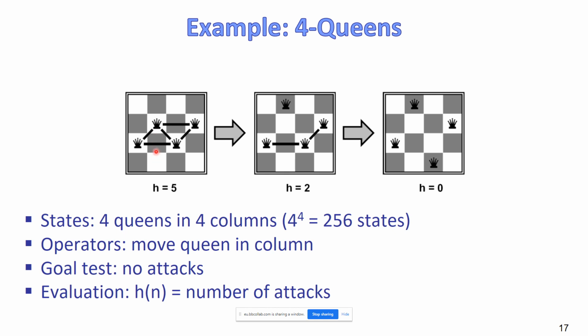Here or there, we still have conflicts because it is attacked by others, but here it will not. So we choose to move it to that position. Now we have a new state, and the evaluation value for it is better. Now H is 2, so we are closer to a solution. Now we choose one of the conflicting variables. We happen to choose this one.